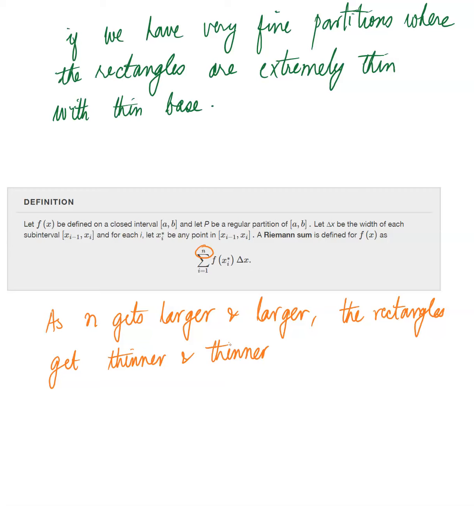For that to be true, we want n to be really large. And remember, in calculus, we allow n to approach infinity, and that means we are talking about limits. Okay, limit as n approaches infinity.